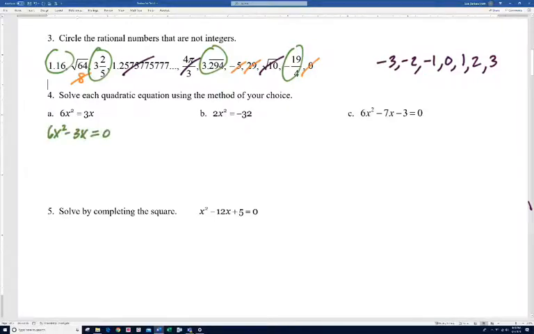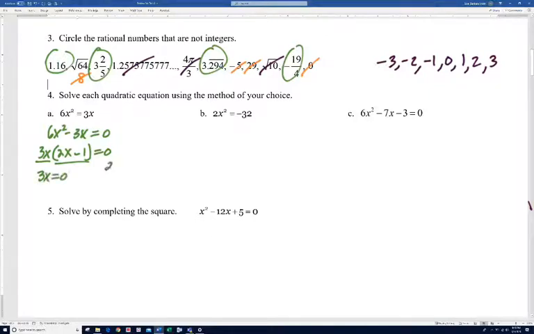Notice both of those terms are divisible by 3x. That would be the largest or the greatest common factor. And it'd be 3x times 2x and 3x times minus 1. And so we've got 3x times 2x minus 1 equals 0.